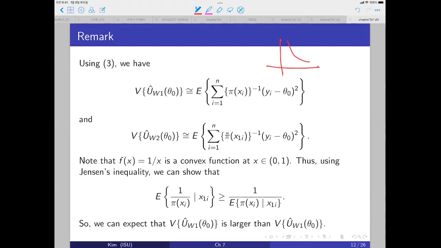Is it like this between 0 and 1? So then you have two points, and you can apply Jensen's inequality. So this guy is less than this guy. So you actually have this kind of relationship. Does that make sense?